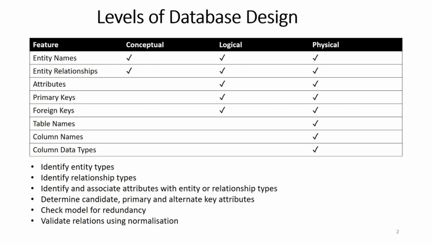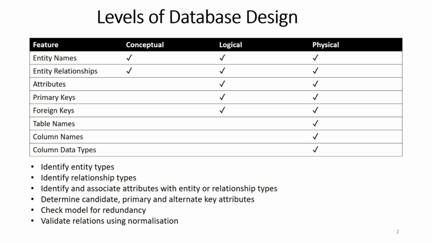Also identifying the candidate, primary and alternate key attributes, as well as the most important part of the story, which is checking for duplication and providing an efficient design by minimizing redundancy and duplication, and also by checking some rules and obtaining the normal form at the end.